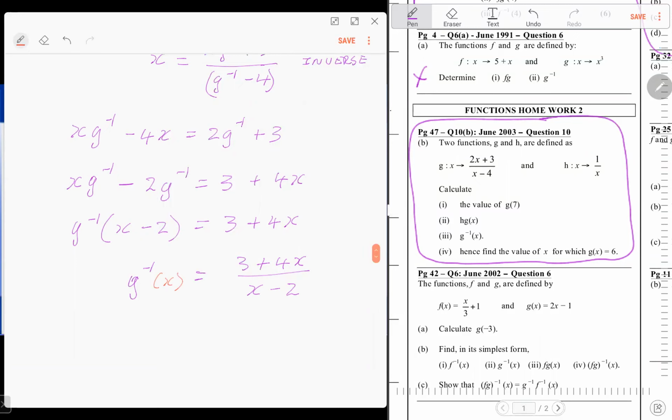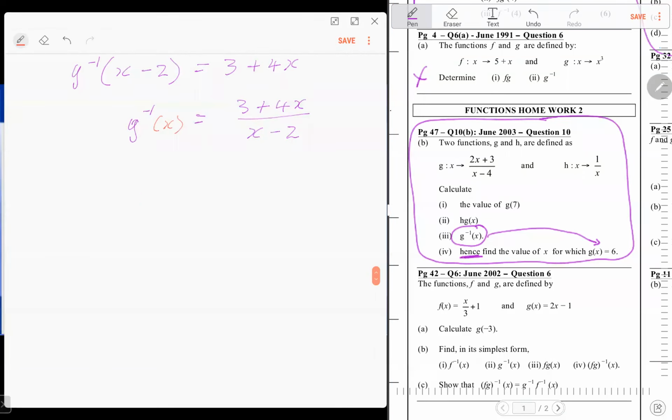All right, and see, in this question it says hence, not hence or otherwise, hence. Hence means we have to use this to solve that. That's what hence means. All right, so I'm going to part 4.